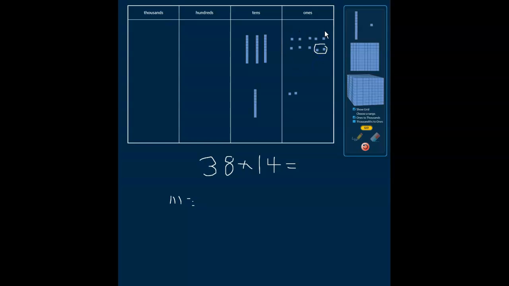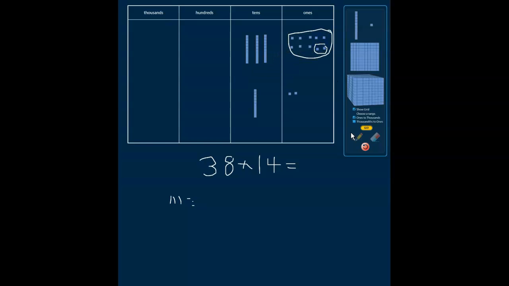Now what do we have here? What we have is a whole 10. So I could then take this 10 and I'm going to go ahead and move them over here, okay?